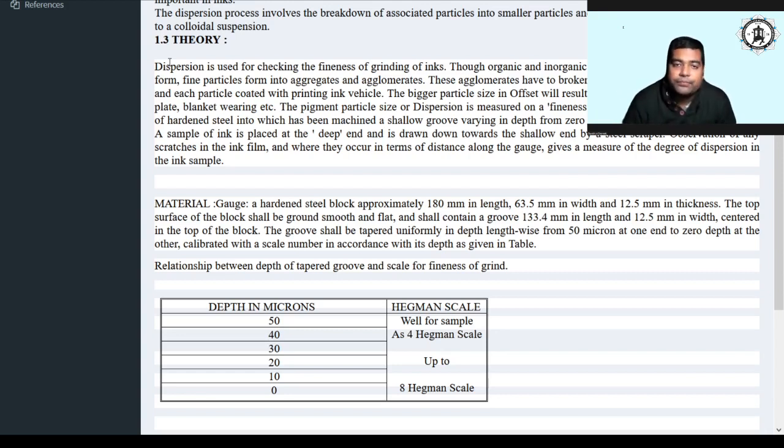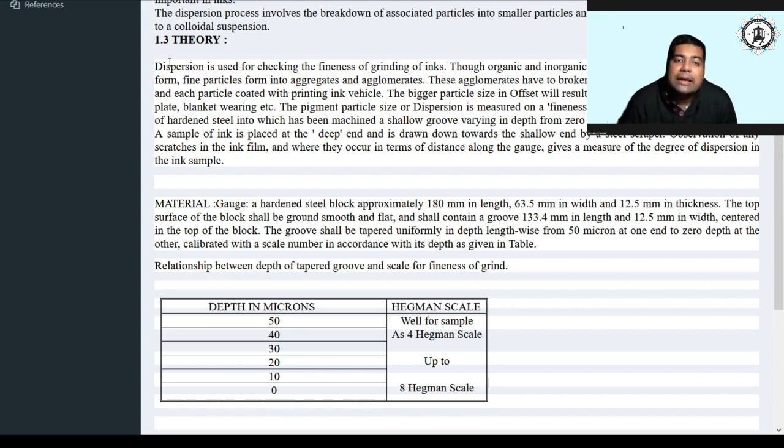Ink piles up on the plate and blanket, and therefore these cylinders will deteriorate in their condition. The pigment particle size or dispersion is measured with a fineness of grind gauge, consisting of a block of hardened steel into which has been machined a shallow groove, varying in depth from 0 at one end to 25 microns at the other.